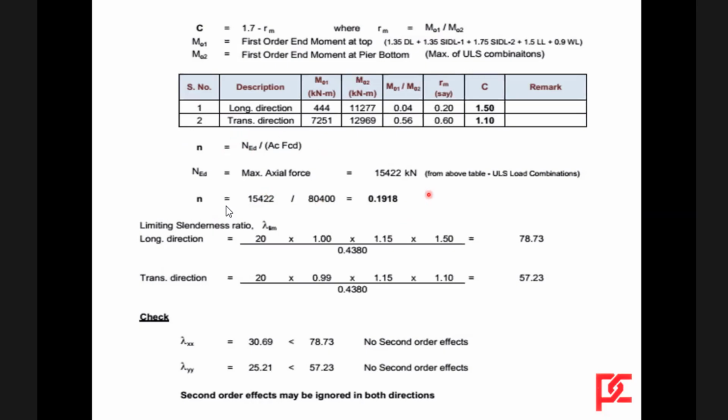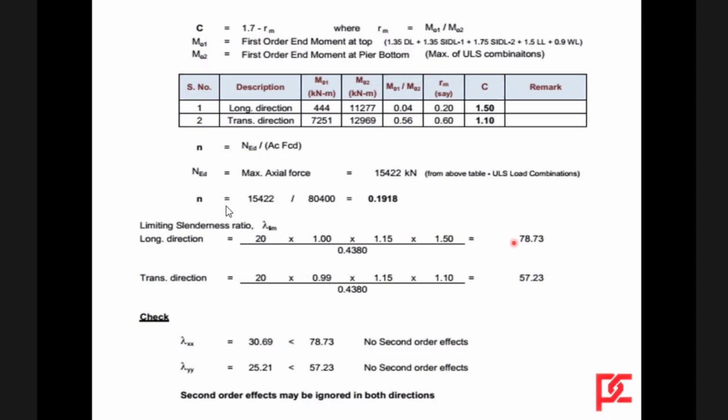This depends on the axial force that is there on the pier against the moments at top and bottom. And then we get an n factor of 0.1918 here. Then with this, the limiting slenderness ratio is 20 into A, B, C divided by this root n.